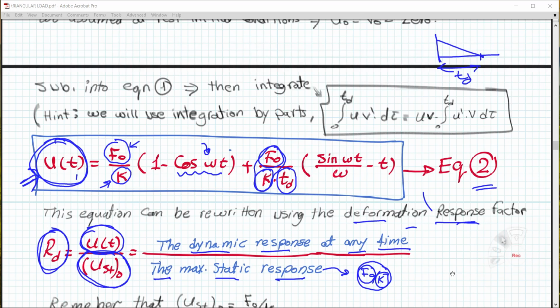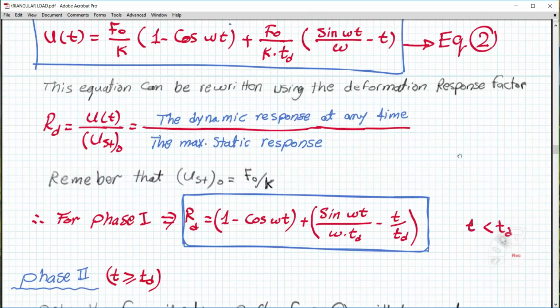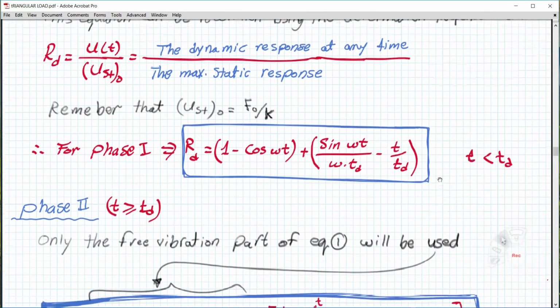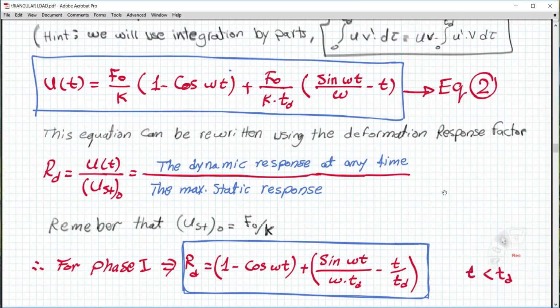Now let's represent this equation in terms of the RD.